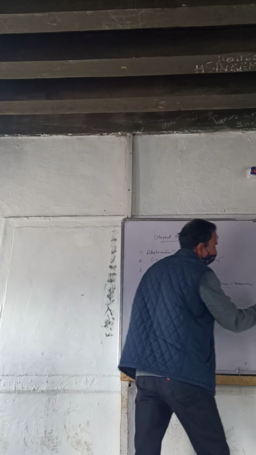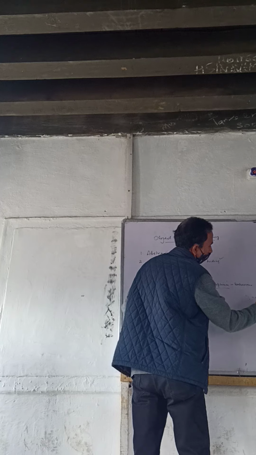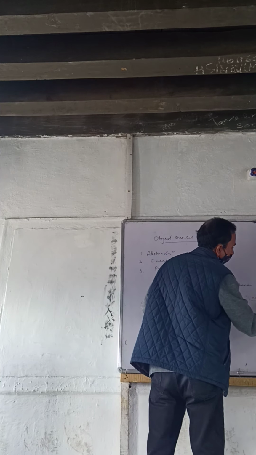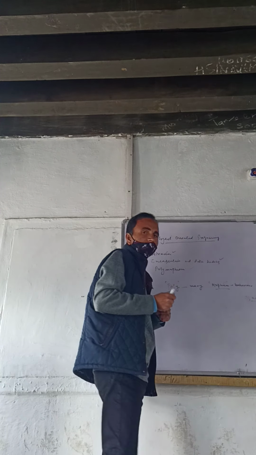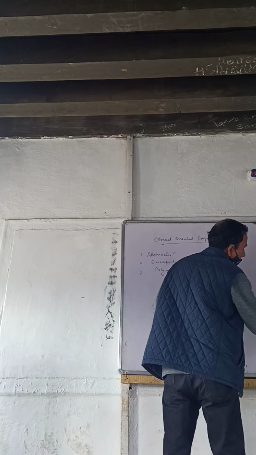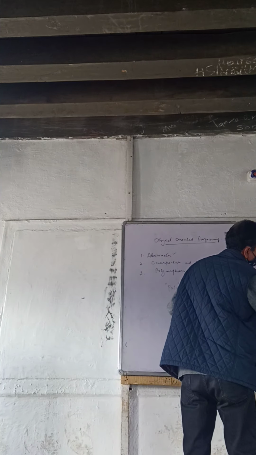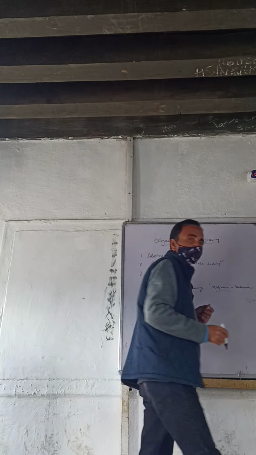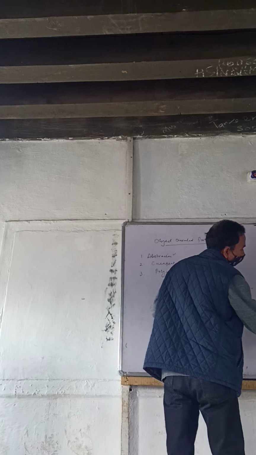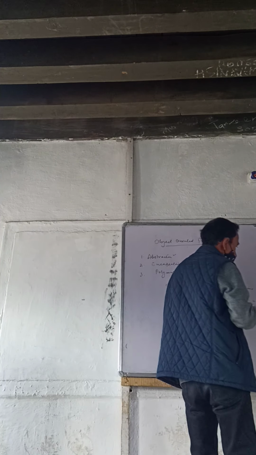There is one example, that is quadrilateral. We can say this square is a quadrilateral, this rectangle is a quadrilateral, and this trapezium is a quadrilateral.